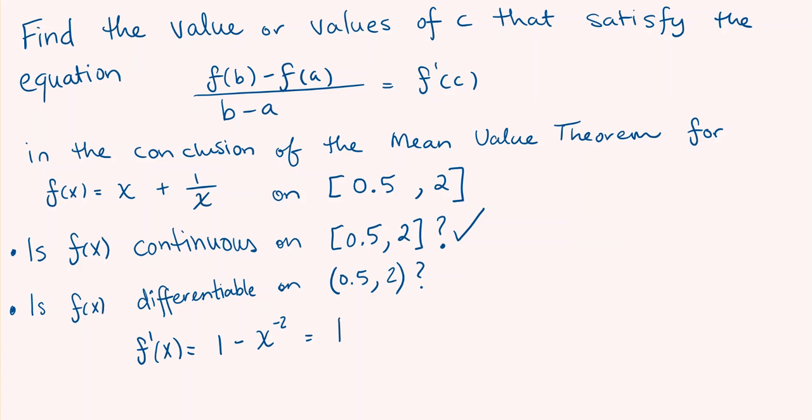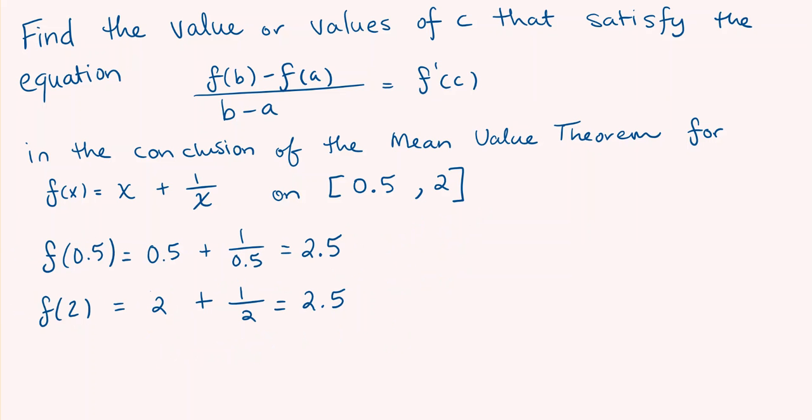This could be rewritten as 1 minus 1 over x squared if preferred, and we see that this function exists for all values except where the denominator would be 0, that is at x equals 0. The derivative does not exist at x equals 0, which is not in our interval, so it is differentiable on our interval. Since the conditions of the mean value theorem have been met, we next apply the conclusion.